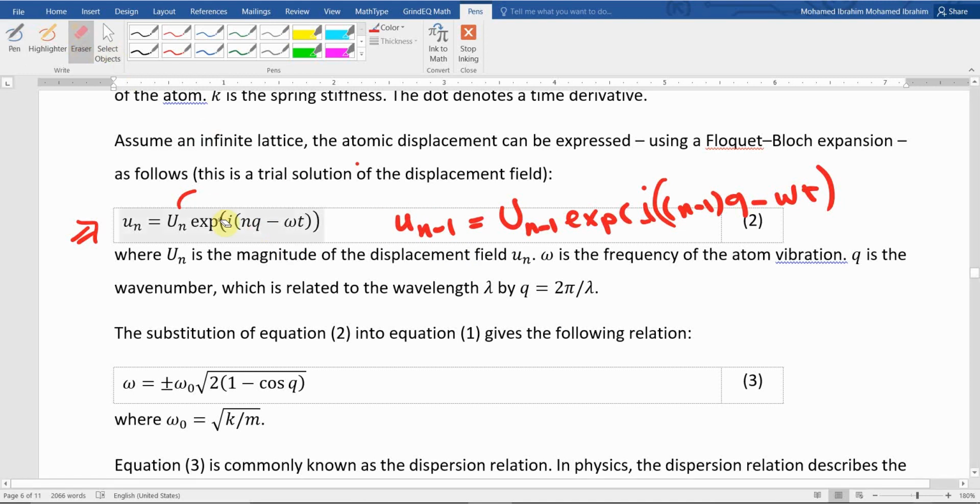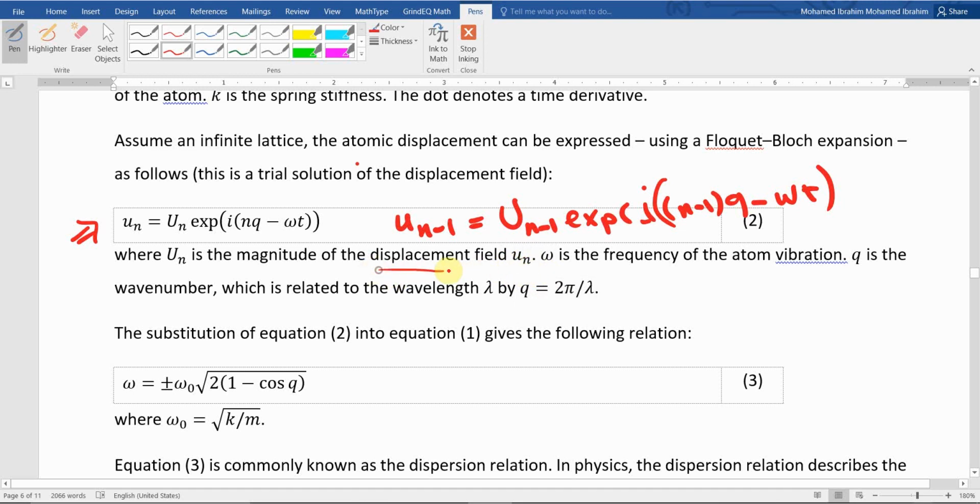For example, for n+1, it's going to be u_{n+1}, the exponential of i(n+1)q minus omega t, and so on. But since we are interested in u_n, this should be the expansion for u_n, where U_n is the magnitude of the displacement field.